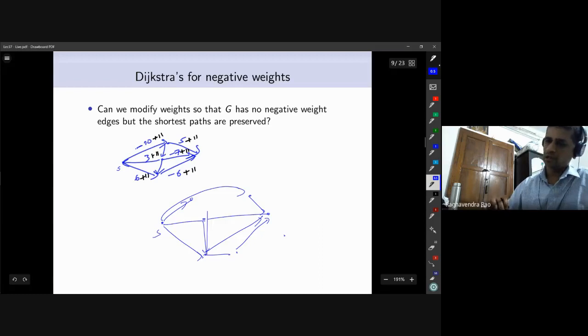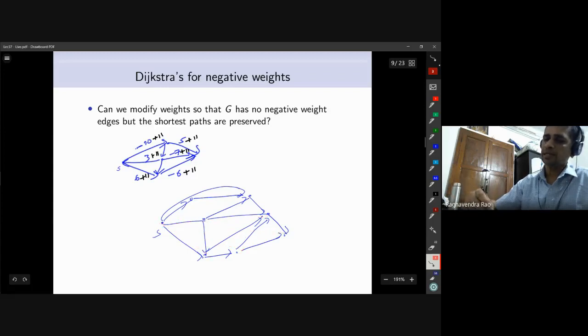If there is no such vertex, then there is a problem. Now what you do is you measure the distance from S to every other vertex.